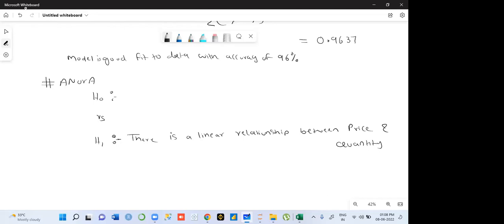Then he does a test just to confirm. So ANOVA is to confirm whether they have a relation or no relation. Clear? Can you write this?